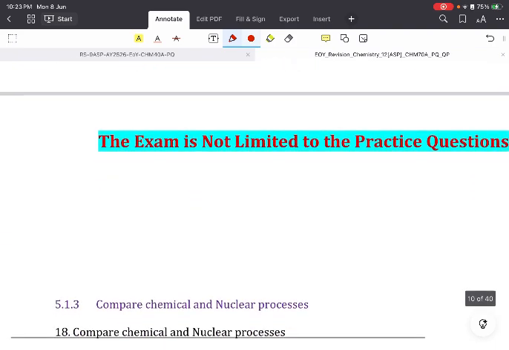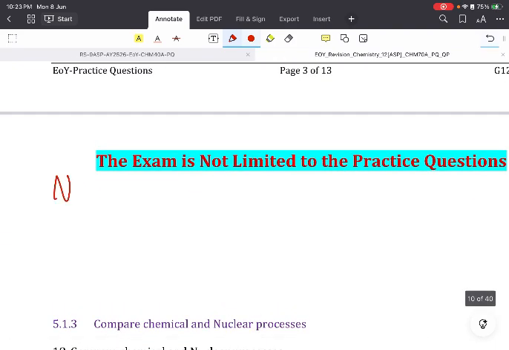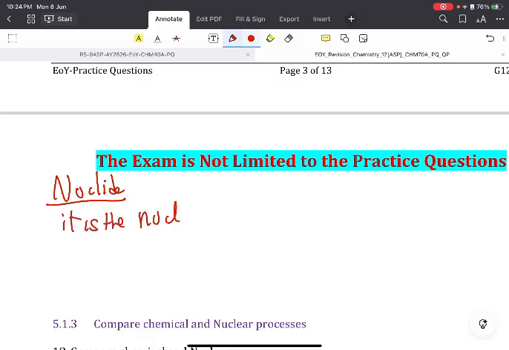Now the nuclide, what is a nuclide? It's the nucleus of the isotope. So it is the nucleus of an isotope. And not all the atoms of the periodic table are radioactive. Majority are non-radioactive. I mean the opposite. So less than 10% of the nuclides are non-radioactive and majority are radioactive.